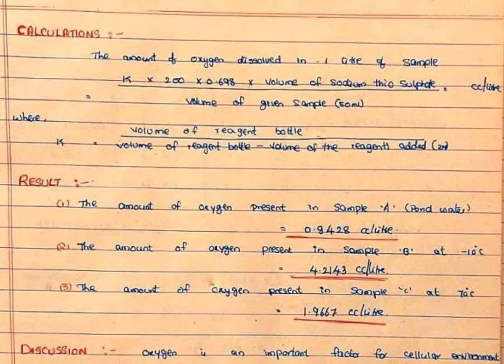Next, results. The amount of oxygen present in given sample A is equal to cc per liter.